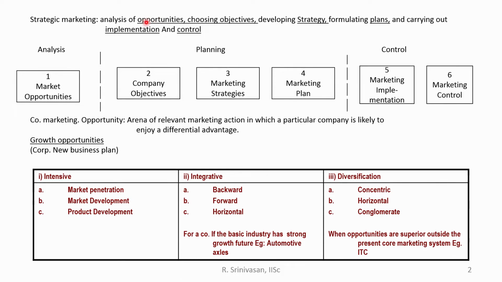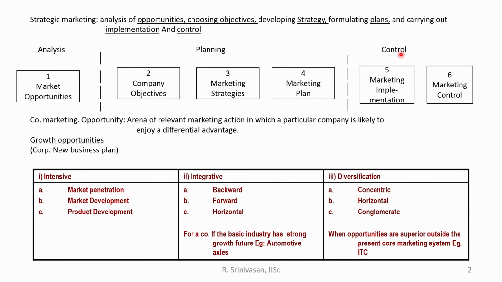We are looking at analysis of opportunities, choosing objectives, developing strategy, formulating plans and carrying out implementation and control. So, in other words, there are three compartments which you can visualize for this strategic marketing. One is with respect to analysis, the second is with respect to planning, the third is with respect to control.